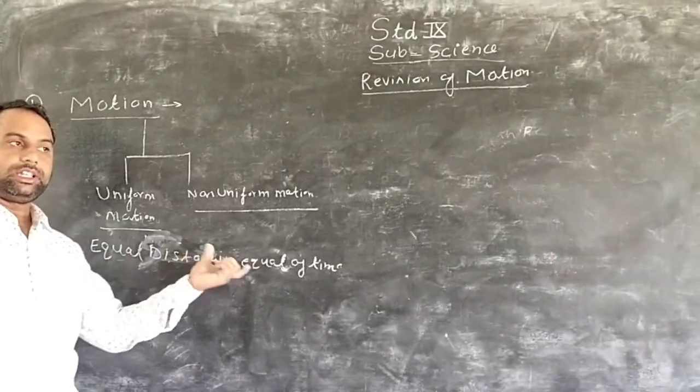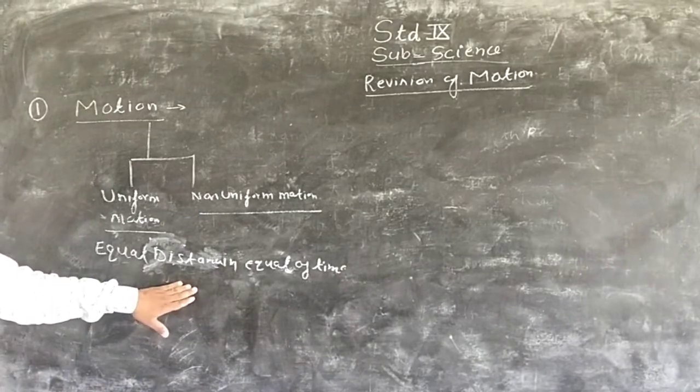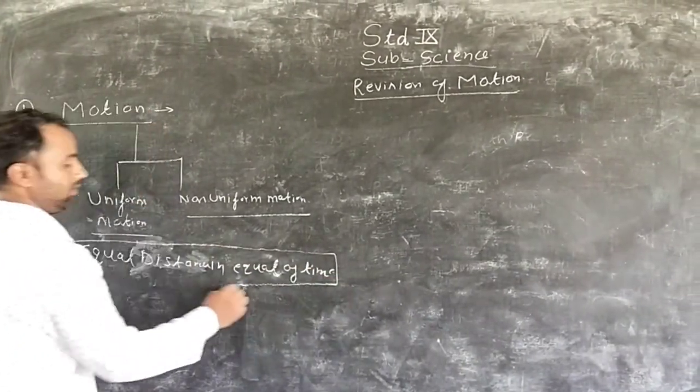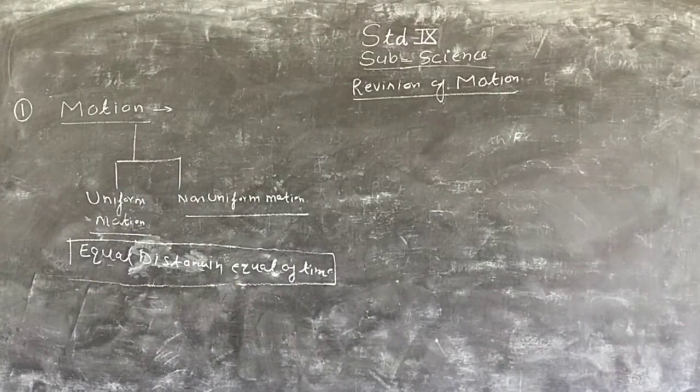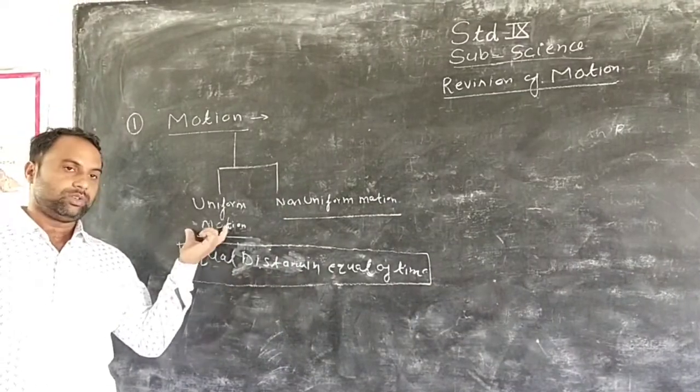Equal distances are covered in equal intervals of time, and this type of motion is known as uniform motion.